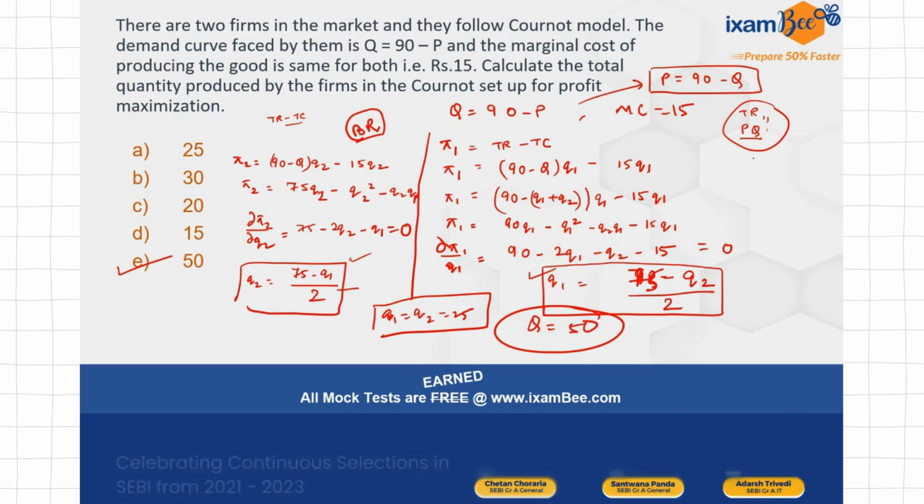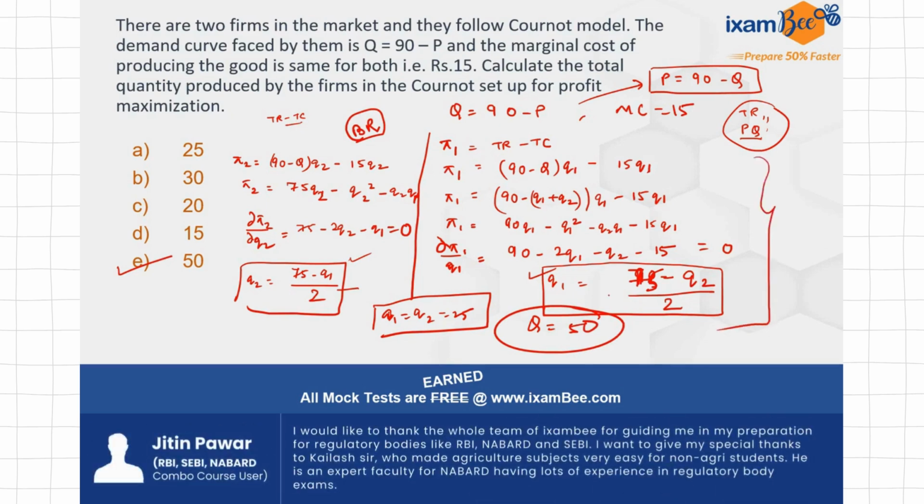This is a very long process to solve such questions. There is a shorter version also.